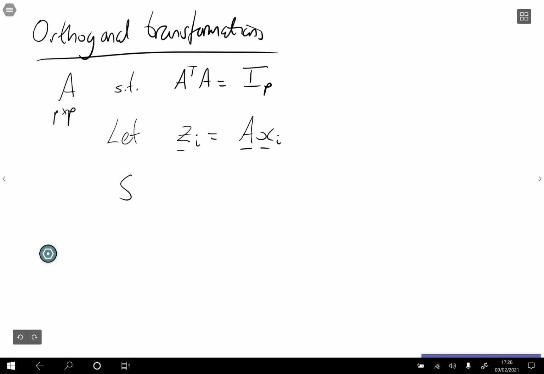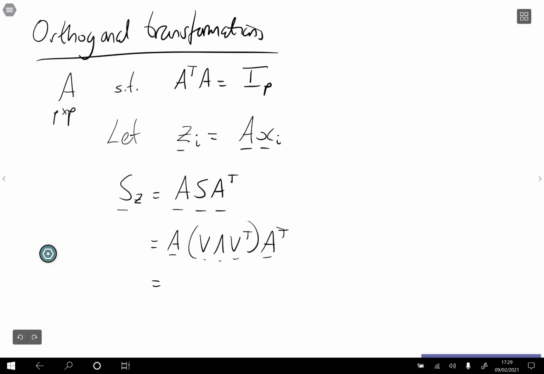Well, first of all, note that the covariance matrix of Z is going to be A S A transposed. And if we substitute in the spectral decomposition for S, V lambda V transposed, then we can write this as AV lambda AV transpose.